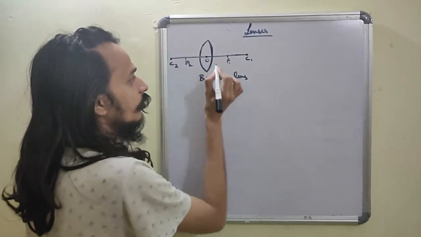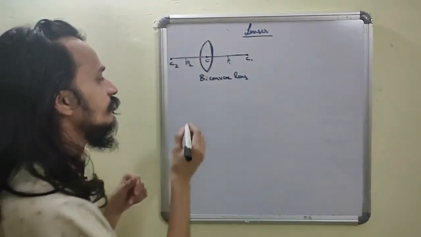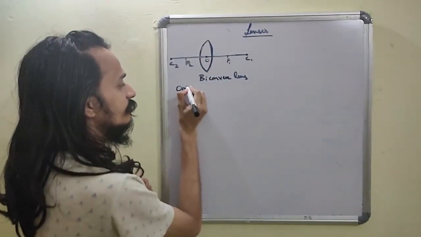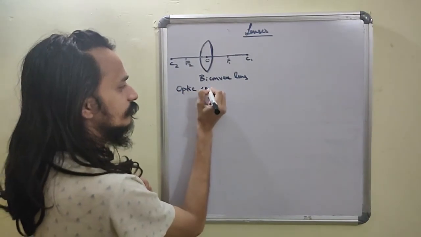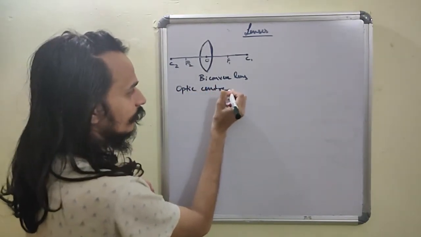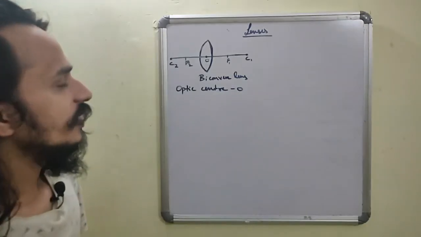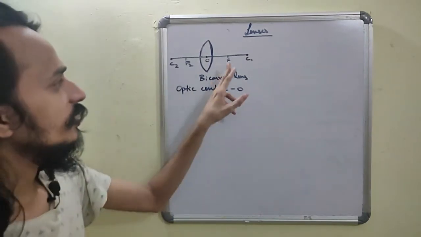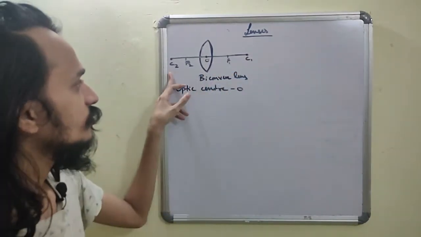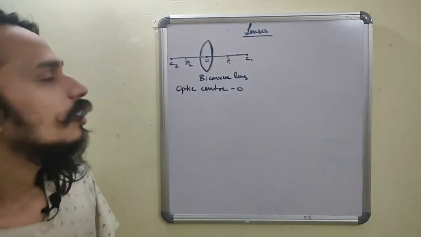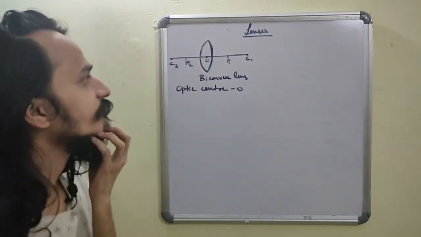We call it O. This is a new word for you. It's called optic center. Okay. So every lens will have this, right? It will have two focus, two center of curvatures, and one optic center.